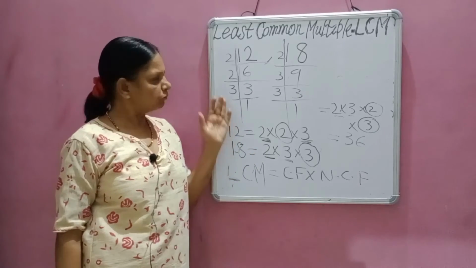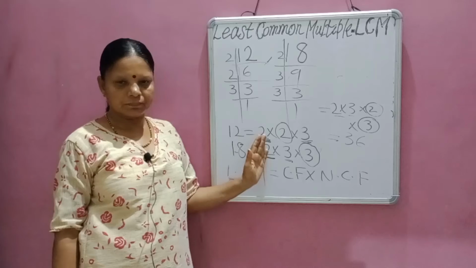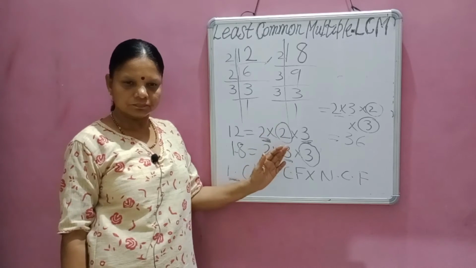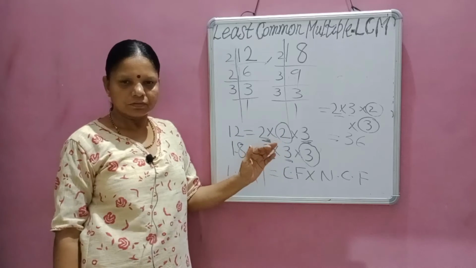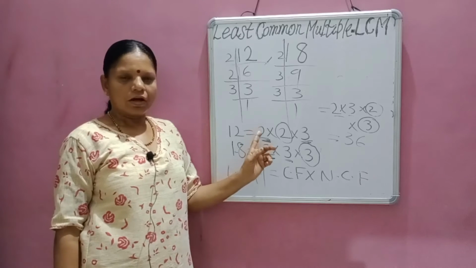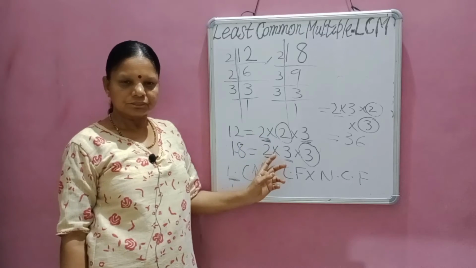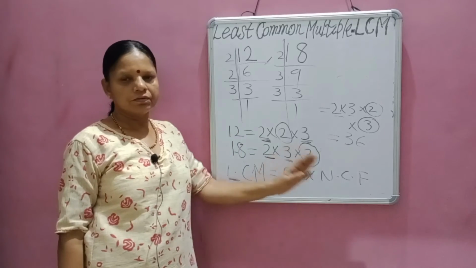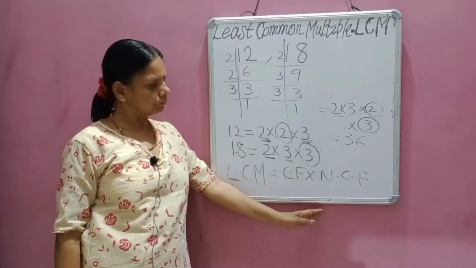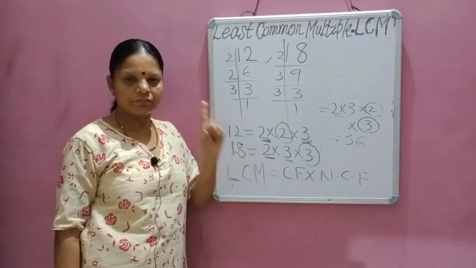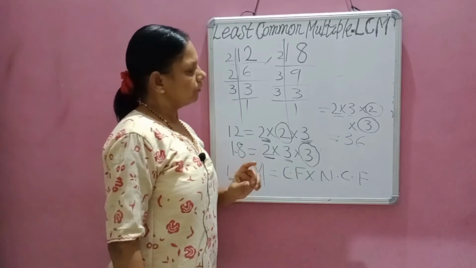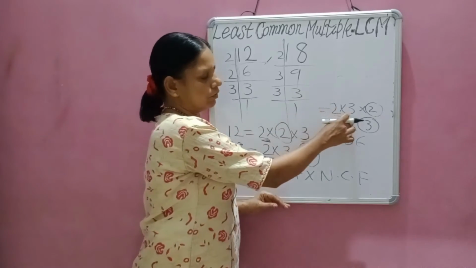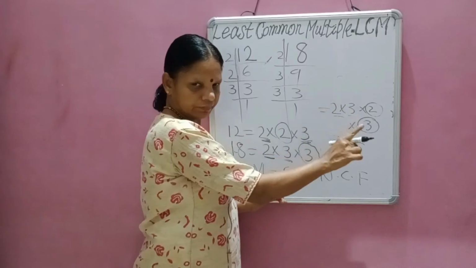So what you have to do? First find the prime factors, write the numbers as a product of prime factors, and underline the common factors. Then LCM equals common factors into non-common factors. Common factors you take 1 time. 2 into 3 are common factors, only 1 time you have taken.